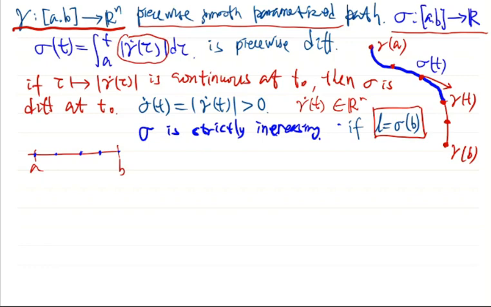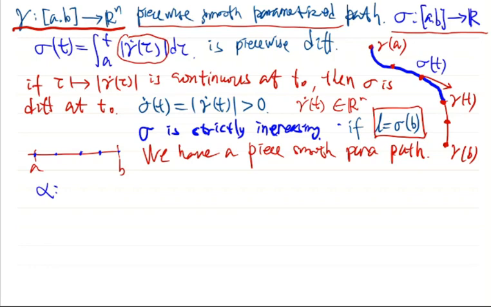So if L is the value of sigma at b, then we have a piecewise smooth parametric path, denoted by alpha.